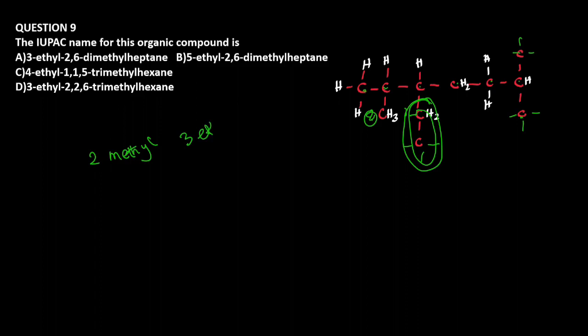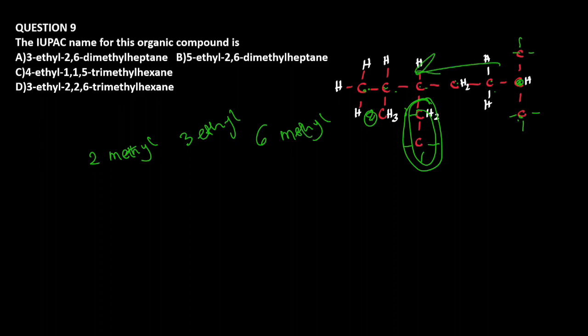So this is 3-ethyl. Nice. So 1, 2, 3, 4, 5, 6, 7. This one is on the 6th carbon. So we have 6 methyl, right?